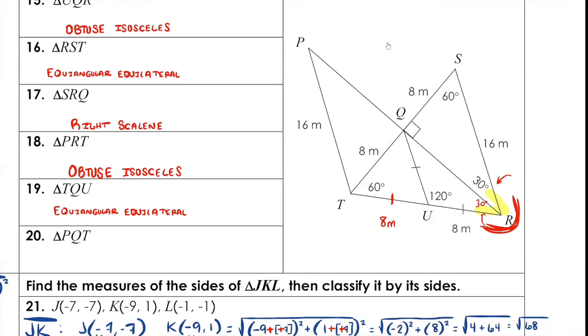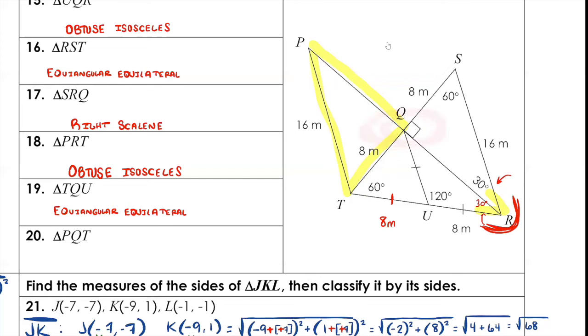PQT. Is it some kind of scalene? Right scalene. It's right scalene because it's like the opposite, like a perpendicular is a right one. That's a vertical angle theorem, which would make that a right angle.